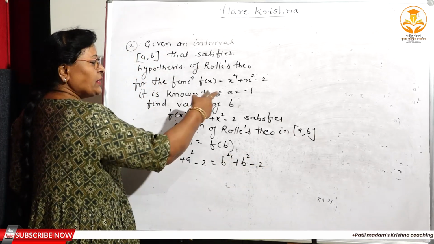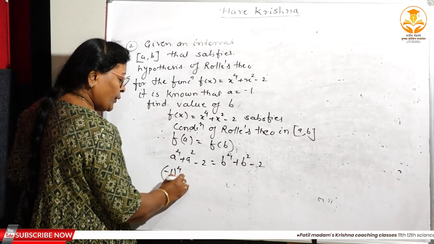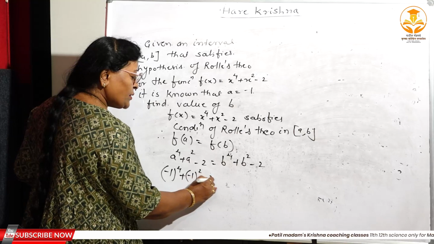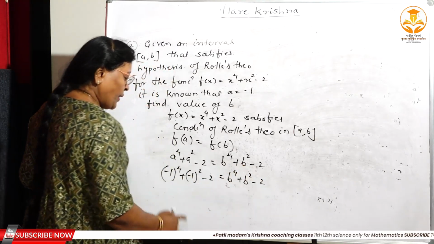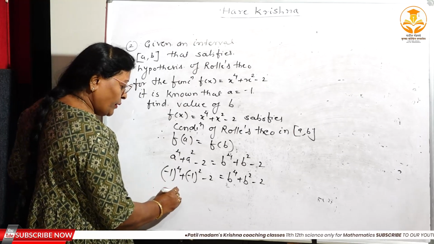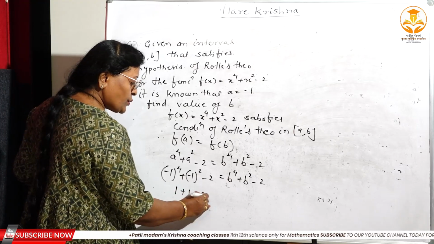Therefore here, what is the value of a they have given? That is minus 1. Therefore minus 1 to the power 4 plus minus 1 square minus 2 is equal to b raised to 4 plus b square minus 2. Minus 1 to the power 4 is 1, minus 1 to the power 2 is 1, again minus 2.